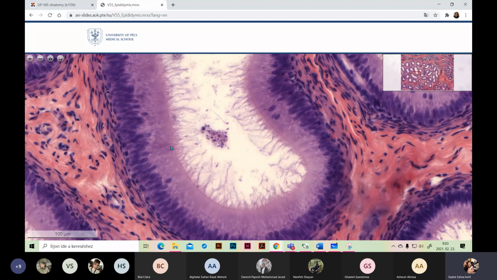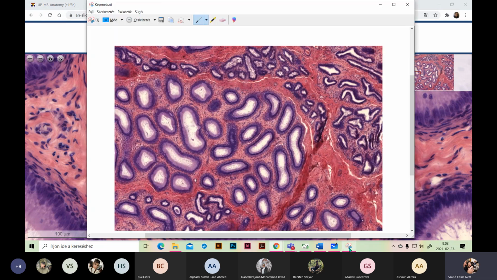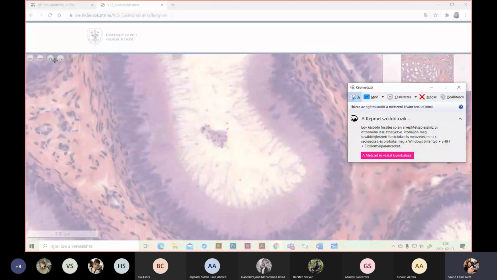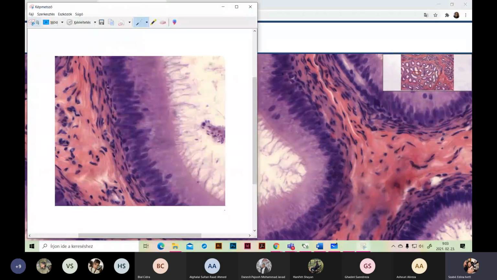That's why it's this epithelium: a pseudostratified columnar epithelia. And in the basal part of the epithelia, you see these around this cell. They will be the reserve cells, which we mentioned previously.